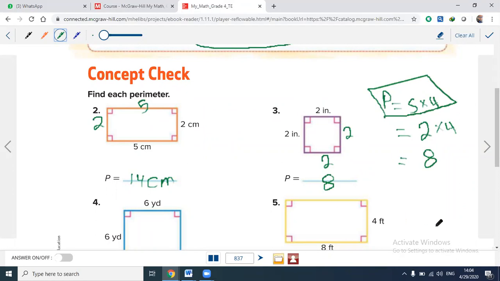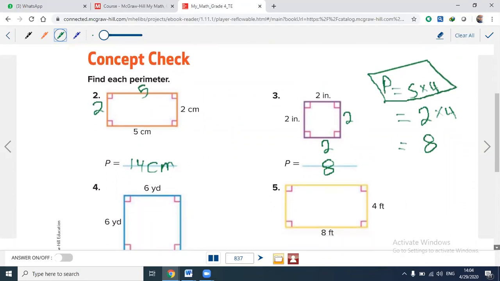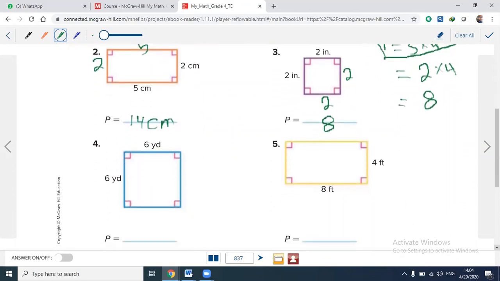Okay, number 4 and 5. Here I have this square. So excellent. You can add or multiply the side length by 4, 6 times 4 is 24. Yes.